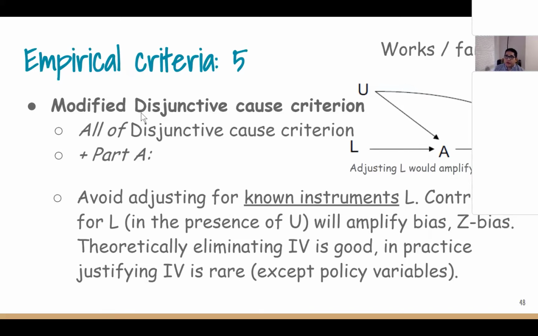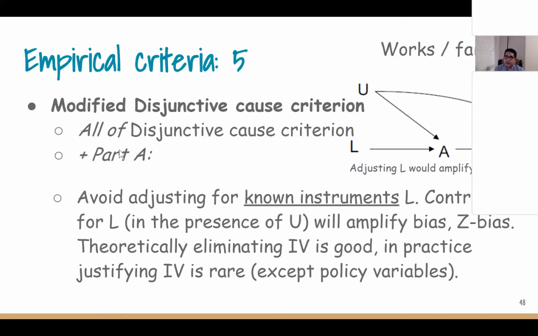This is a modified version of the disjunctive cause criteria, and it says to avoid adjusting for any known instruments, right? So generally speaking, if it is known that a variable is acting as an instrumental variable between A and Y, then do not adjust for it. Otherwise, do not worry too much, right? So this is only part one of this modified criteria.